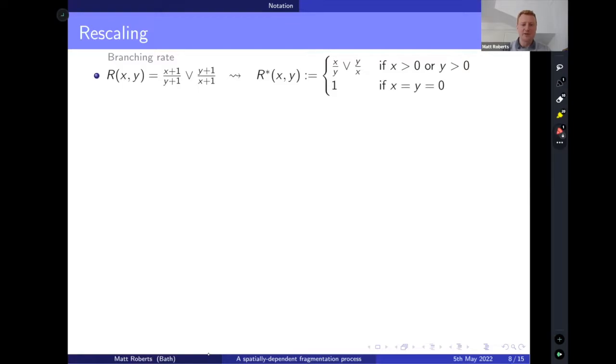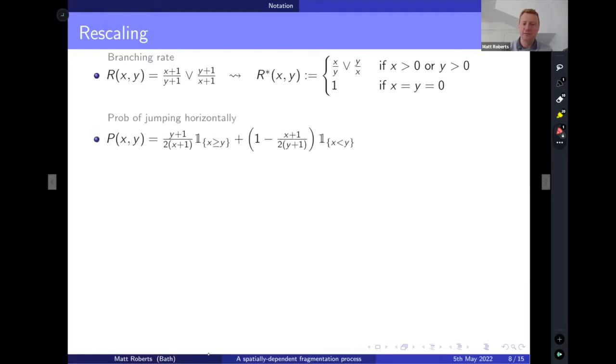You end up with this function r star, except there's a bit of an issue near 0. So if x equals y equals 0, we fudge things and set this equal to 1, but notice that r star is then not continuous. It's discontinuous at 0, which actually ends up causing quite a lot of problems later on.